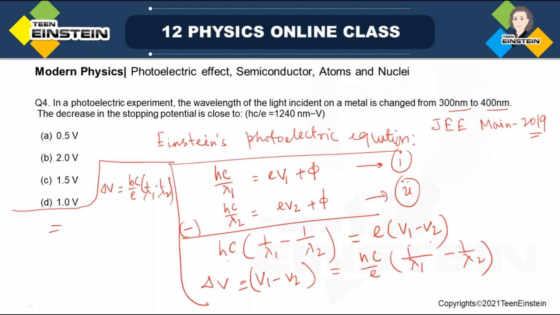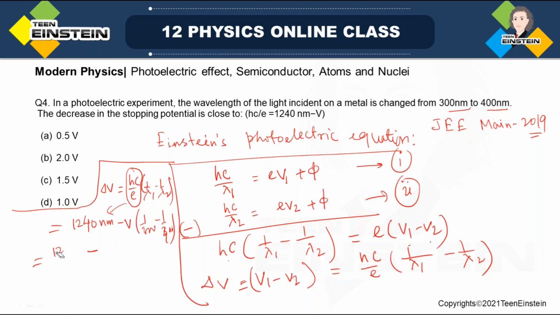Now hc by e can be written as 1240 nanometer, electron volt, or nanometer volt. This particular thing has this value, and this is 1 by 300 minus 1 by 400. Okay, so what we'll get from here?